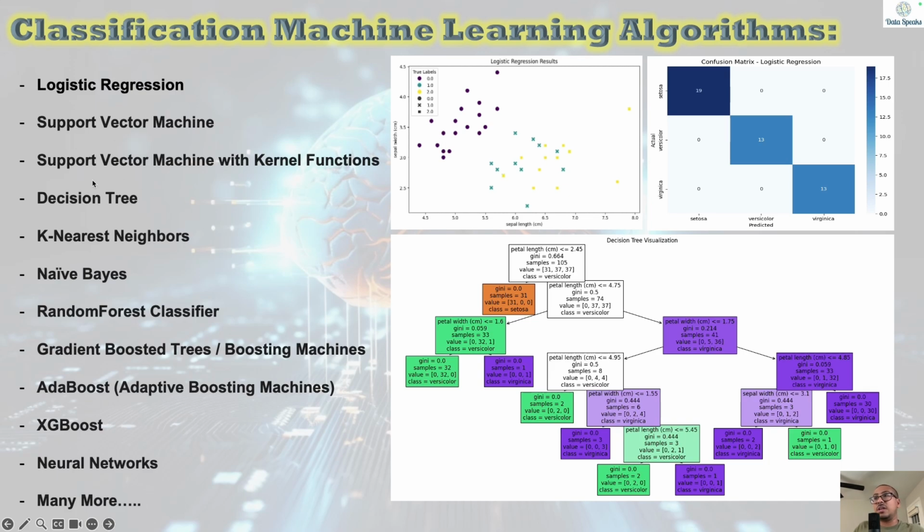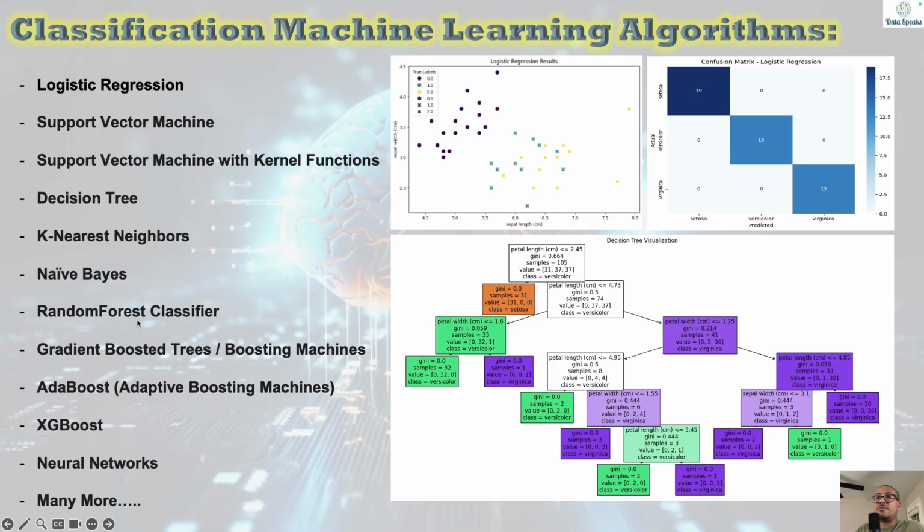Now, decision tree, here is an example of a decision tree in the screenshot that I have included here. Decision tree is another powerful classification and regression type of machine learning model. So even support vector machine and support vector machine with kernel, k nearest neighbor is another one, easy to implement but a powerful classification machine learning model.